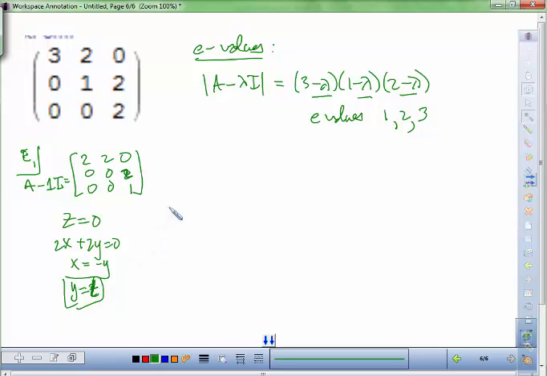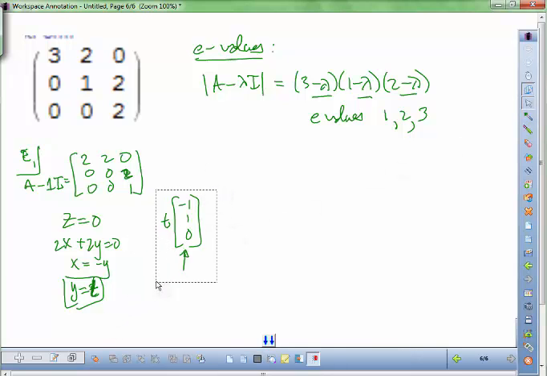It's going to give us our vector negative t, t, and z is equal to 0. So this is our eigenvector for your eigenvalue of 1.